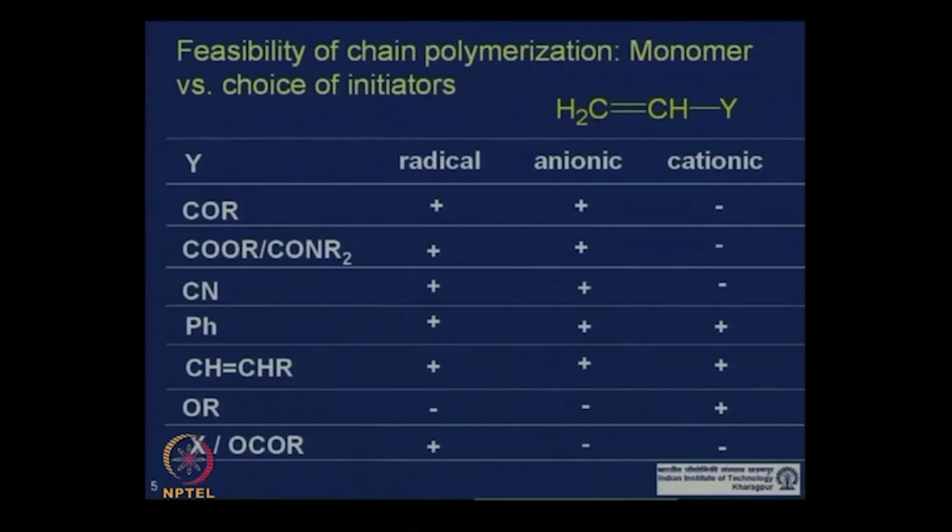It only gets polymerized by the radical mechanism, like vinyl chloride. Now, there are other possible substituents you can imagine, and depending on the chemistry behind it, you can decide which one to try first. If it can be polymerized by radical, that is the easiest way of polymerizing among these three.